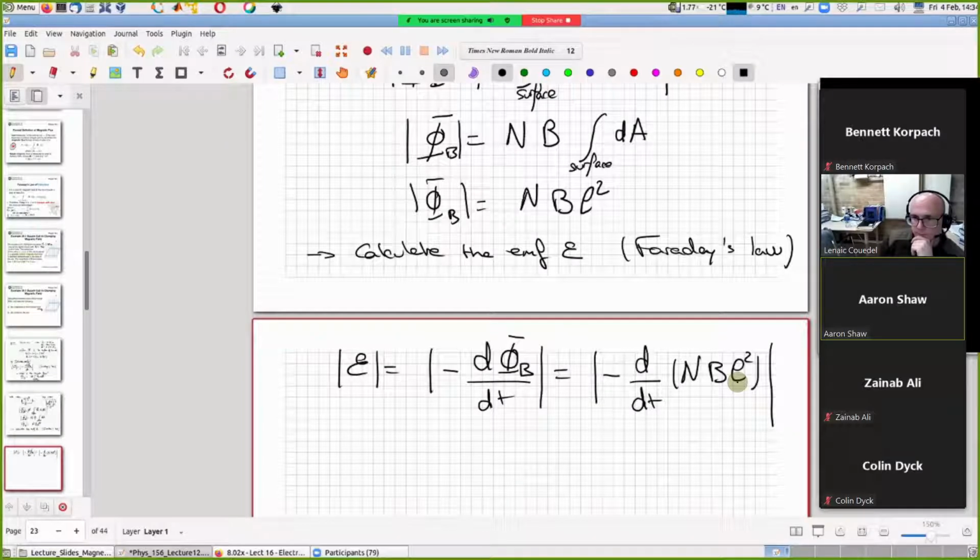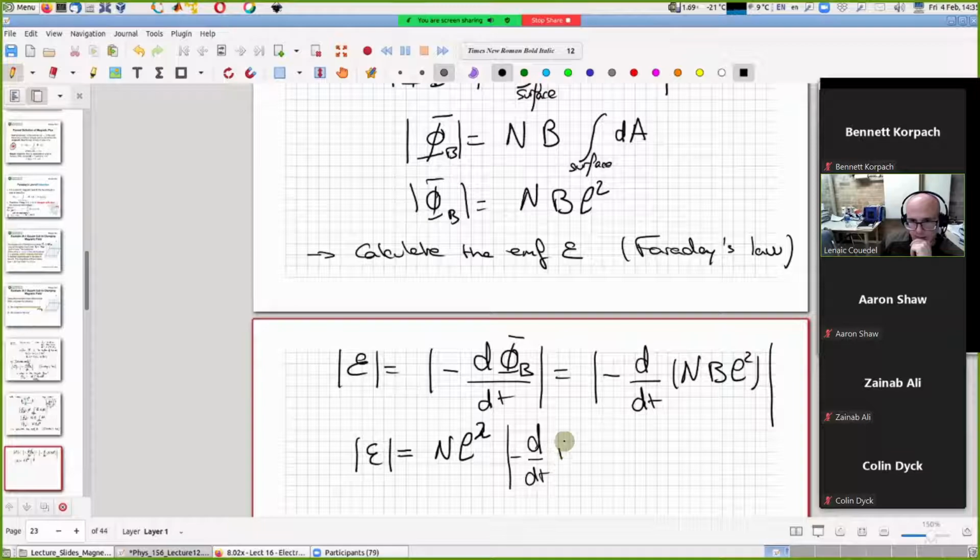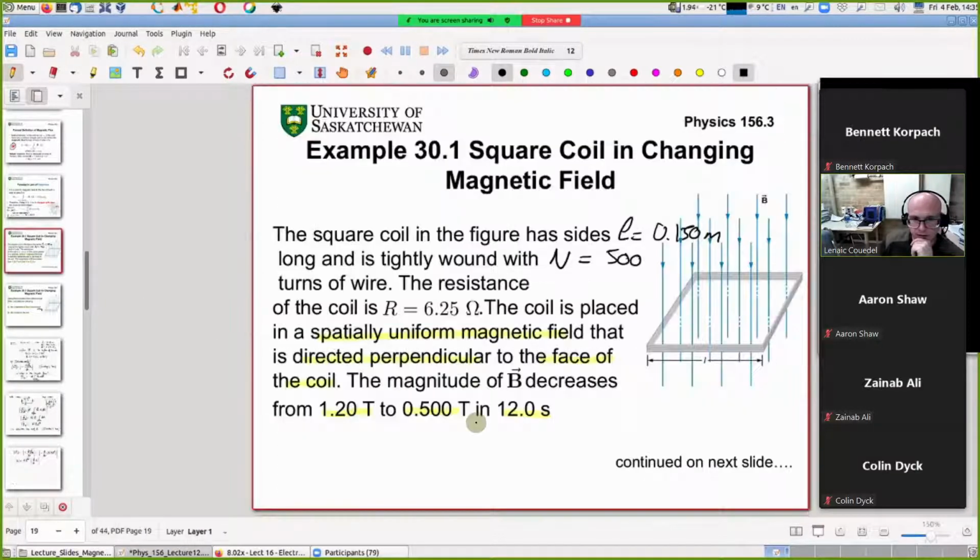No. So I can pull this out of the derivative. So I have epsilon equal N L squared times minus d over dt of B. And in the text, we tell you that B depends on time. At t equals 0 seconds, it's 1.20 Tesla, and at 12 seconds, it's 0.5 Tesla.